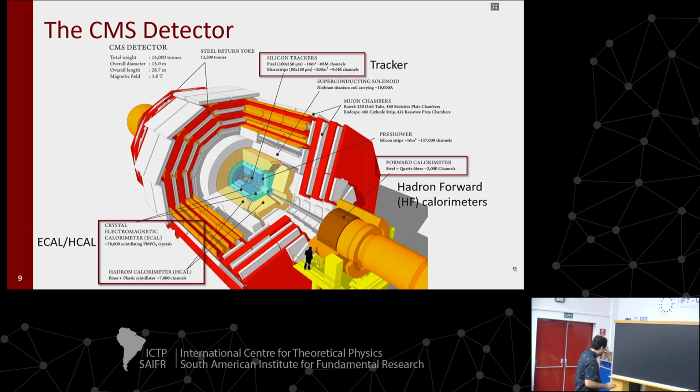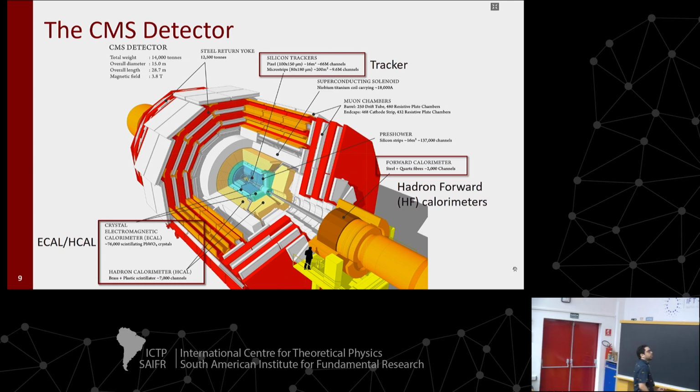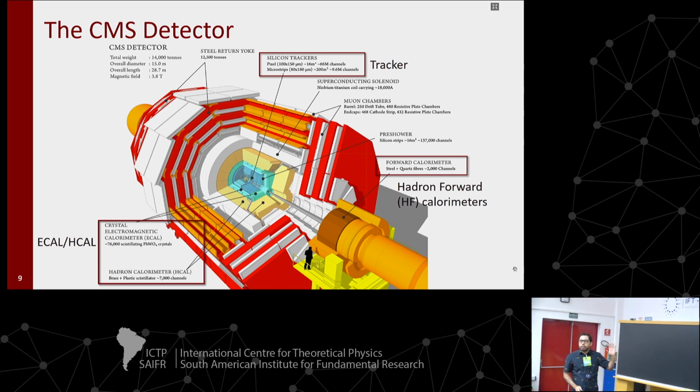So what's the apparatus? It's the CMS detector. It's a general purpose detector. But the main component of this detector that we use is the silicon tracker, which is basically used to measure the charged particles. So I'll show you the D0 is constructed in the kaon and pion channel, okay?